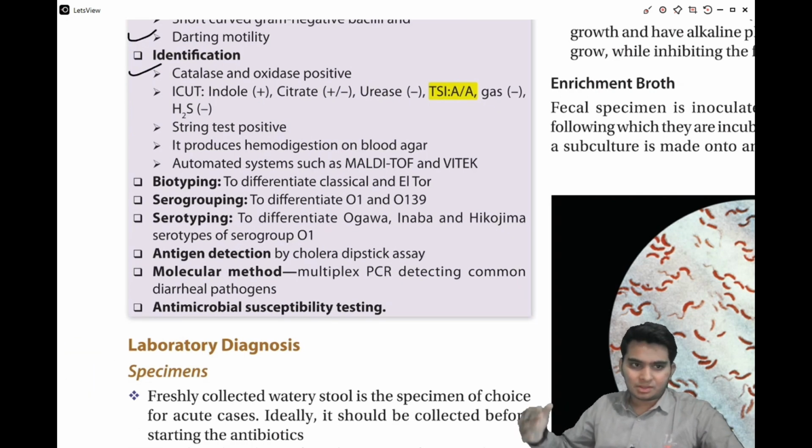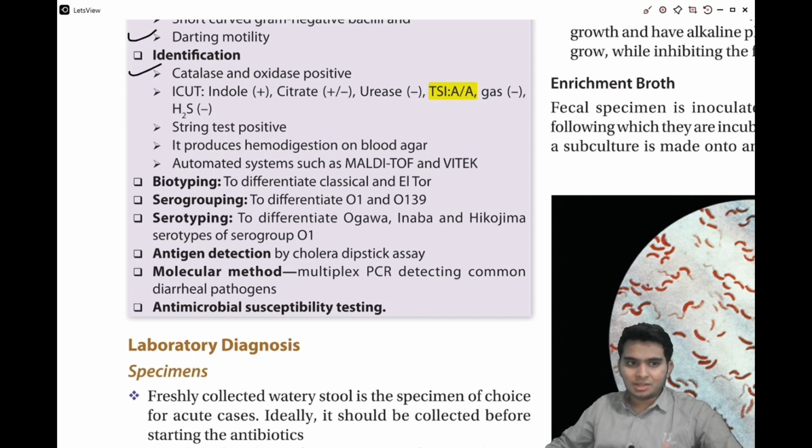Biotyping, serogrouping, and serotyping we have discussed earlier also. So biotyping is done to differentiate the classical and El Tor. Serogrouping is done to differentiate O1 and O139 strains, while serotyping is done to differentiate Ogawa, Inaba, and Hikojima, which are serotypes of serogroup O1.